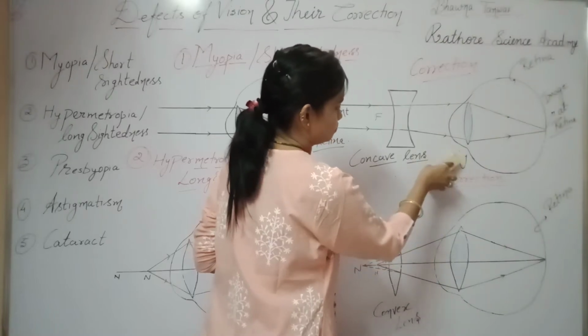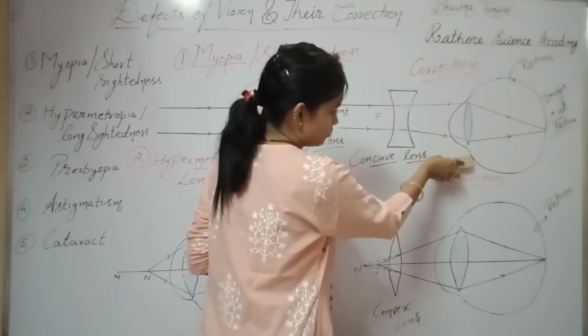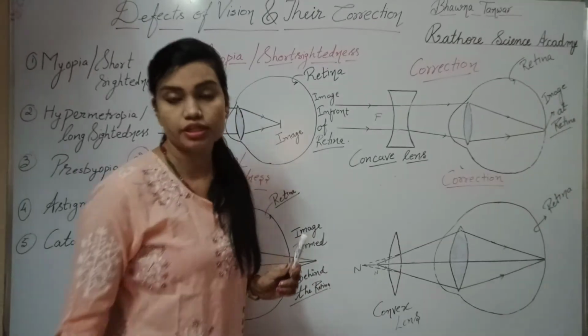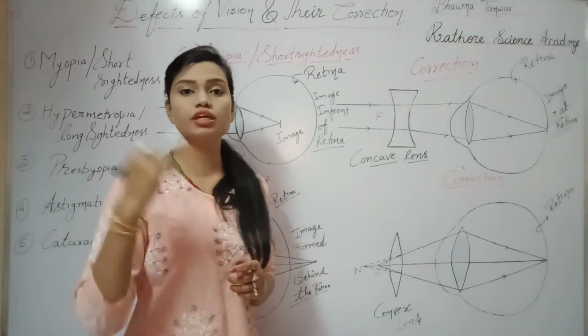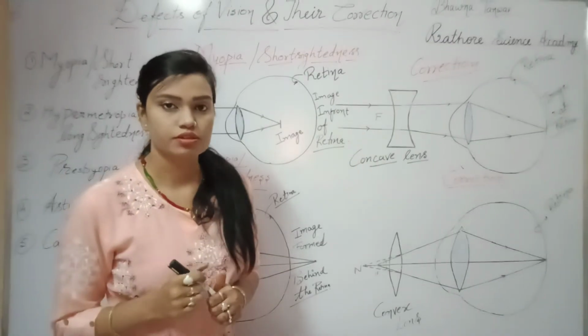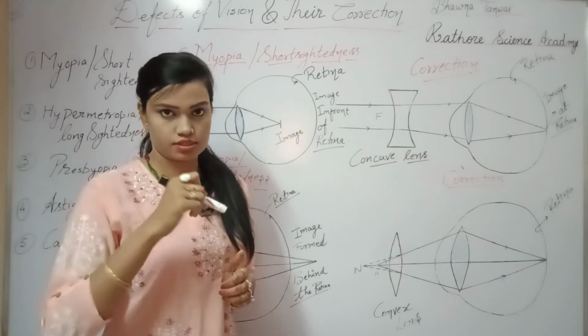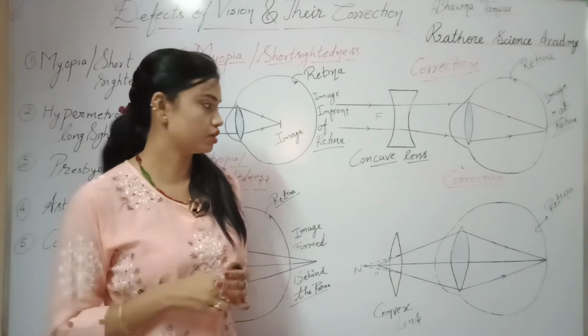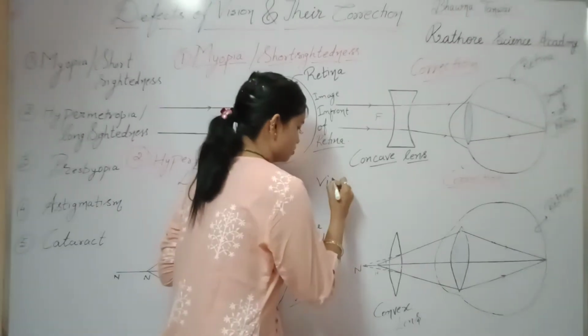Now see, in between that far point and near point, infinity to 25 centimeter, this is the vision range for our eye.